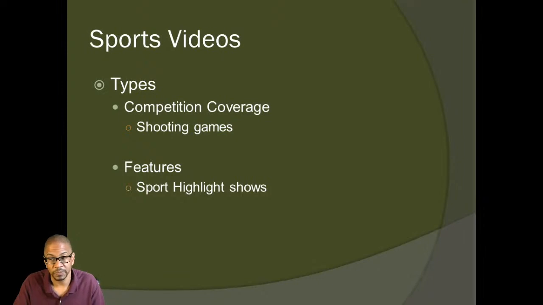You're seeing parabolic dishes pointed at players, and hearing the clashing of the shoulder pads. With competition coverage, that's when you're actually shooting the game. That's what you see on TV when you watch a game.